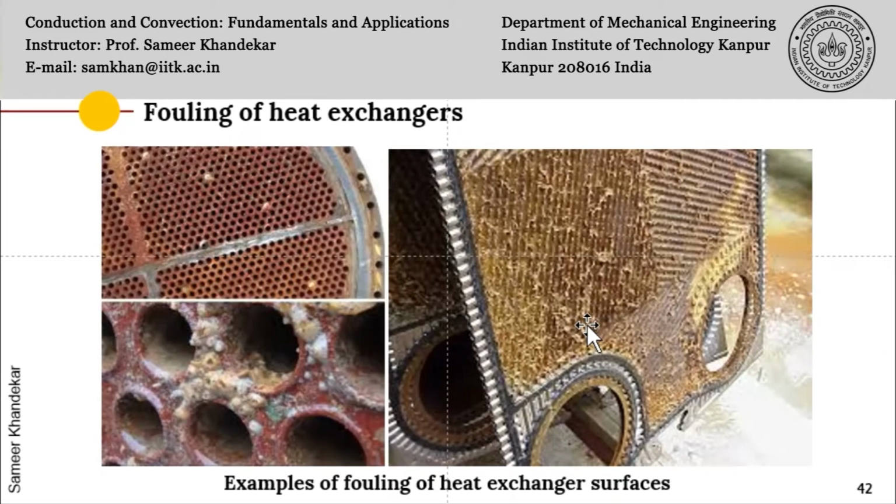Otherwise, whatever calculations you have done for the new heat exchanger may collapse very quickly after a period of 2-3 months only, when such scaling will occur. So it is always advisable to see what type of scalings are possible, and then historical data has to be seen, and these fouling factors have to be included in the series of resistances happening inside the heat exchanger.